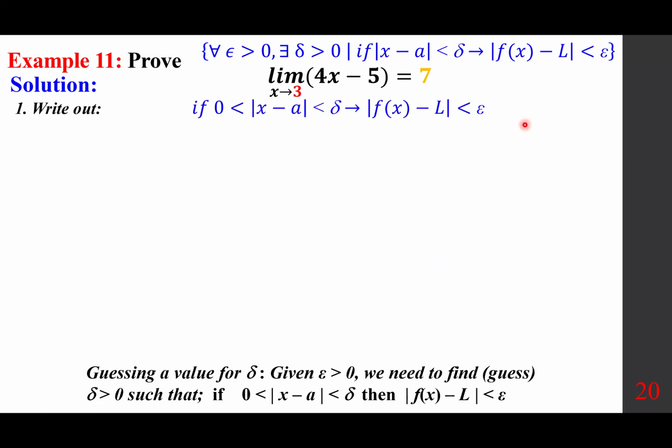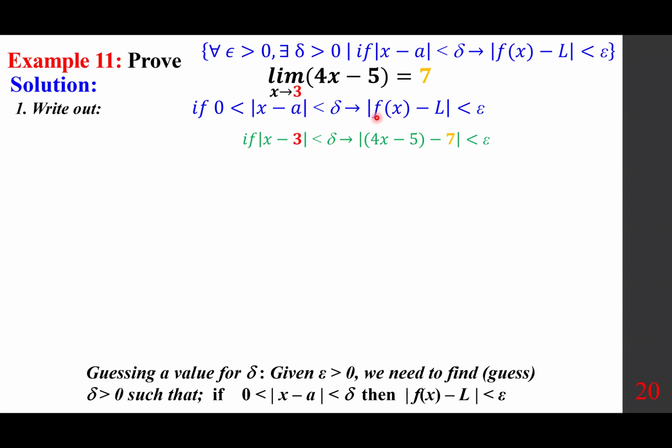Okay, so we write this, as we have it from here. And if we plug in a is 3, so if the absolute value of x minus 3 is less than delta, you have to write this. A is general.